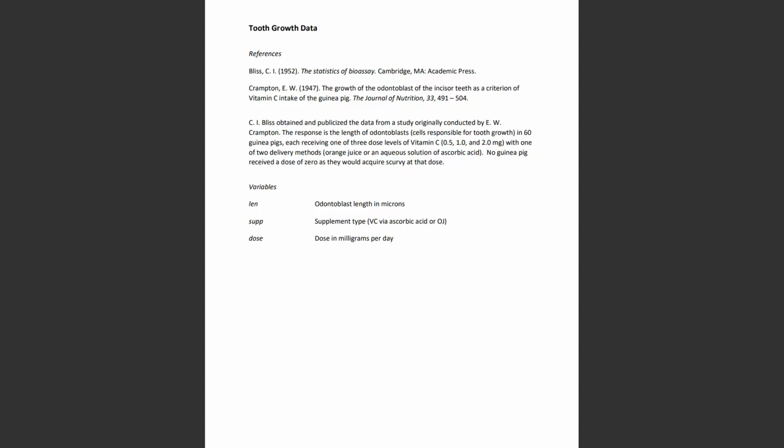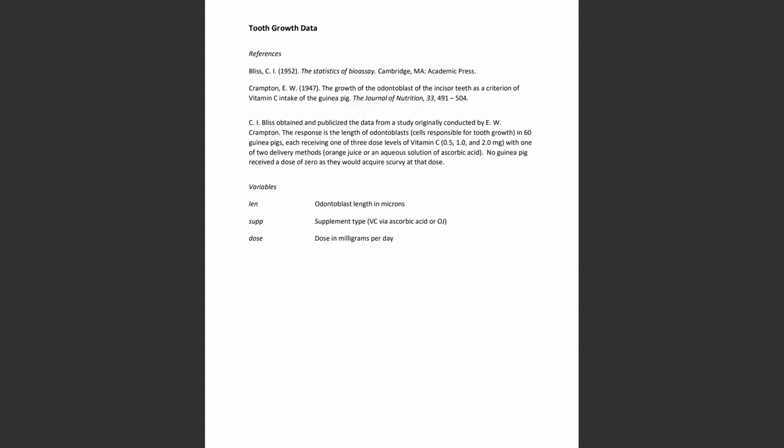Now this requires some explanation here, because if you think of dose in milligrams per day, that's a quantitative variable, and indeed it is. There are three possible ways that we could treat a quantitative variable when we're analyzing data. Most of the time, we're going to want to leave it in its quantitative form.